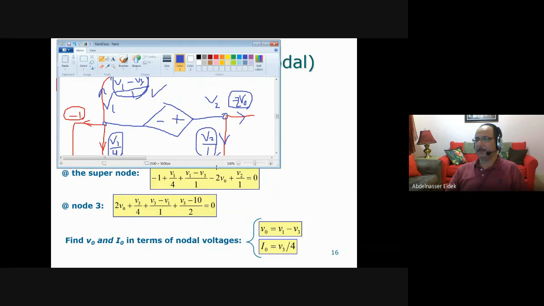So you have these 5 currents. This is the second equation of the supernode.